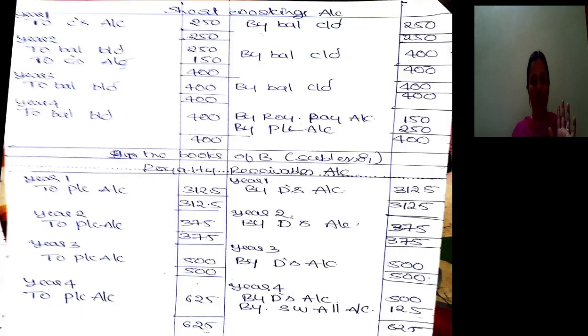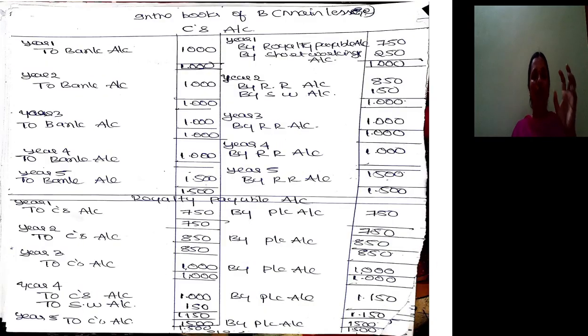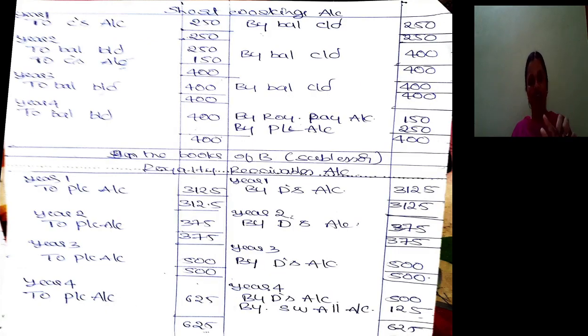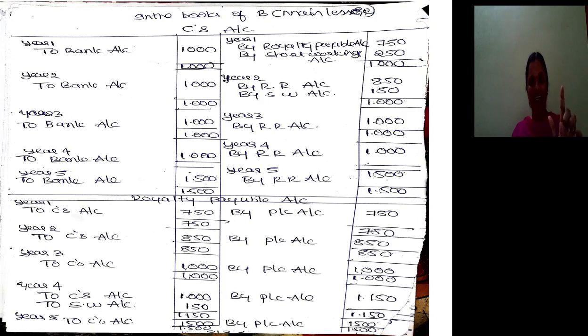Did you come to know about the mistake I committed? So in the books of B, being a main lessee, we prepared C's account, royalty payable account and short working account. All accounts are correct. But in C's account, for the second year, third year, fourth year and fifth year, instead of writing RP account, meaning royalty payable account, I have written RR account.